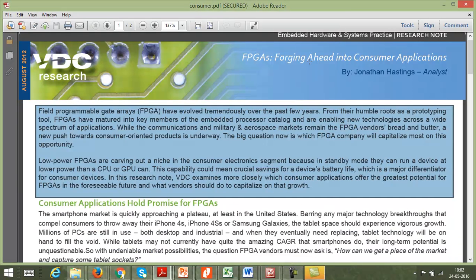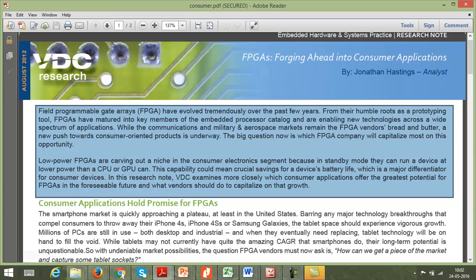You can see an article which explains forging ahead into consumer applications. The FPGA is tremendously used for various applications, useful for making prototyping tools, and a number of embedded processors are now enabling new technologies.